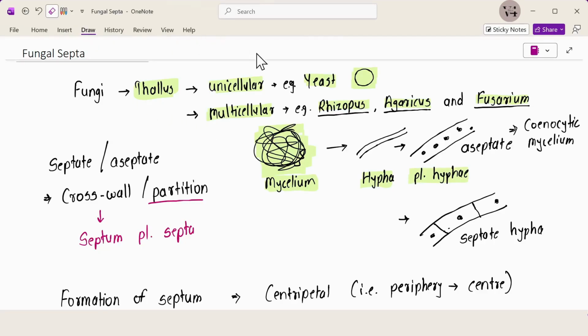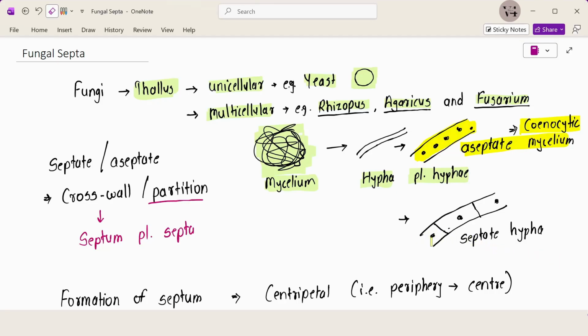If we magnify further, we can see that the hyphae of some fungi are hollow cylinders. Of course, they contain cytoplasm along with multiple nuclei. Such hyphae are called cenocytic, and the mycelium is called cenocytic mycelium. However, in other cases, generally in higher fungi, these cylindrical hyphae are divided into compartments.